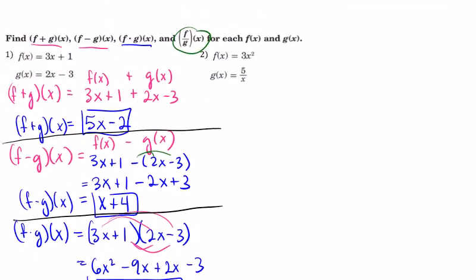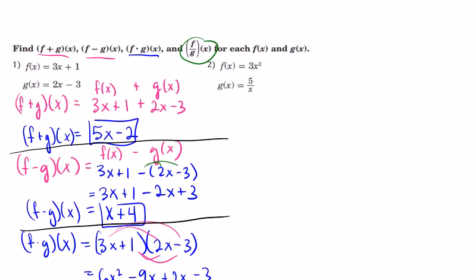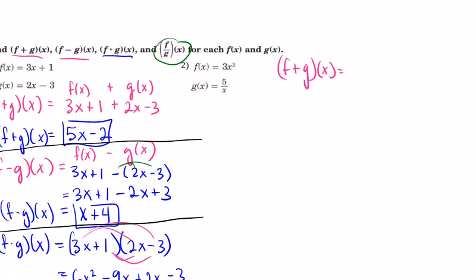All right, let's do this number 2 here. So first, we'll find f plus g of x, which is 3x squared plus 5 over x.